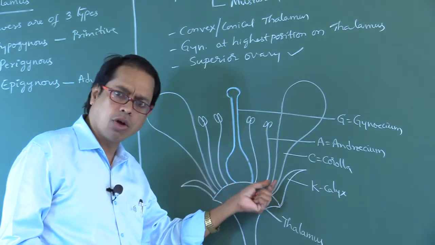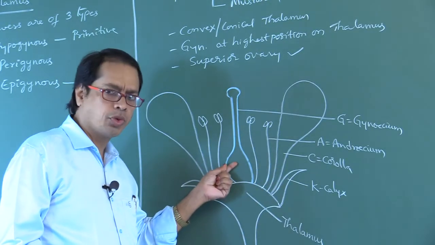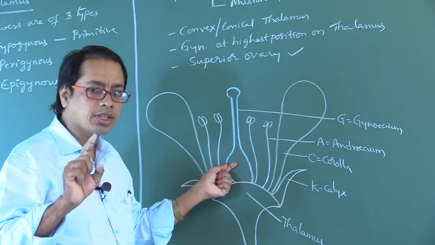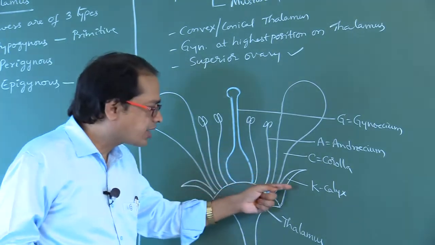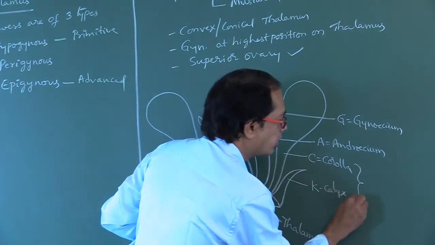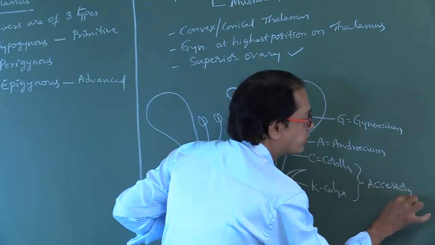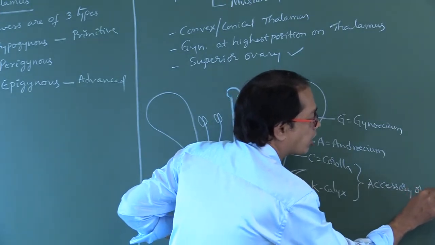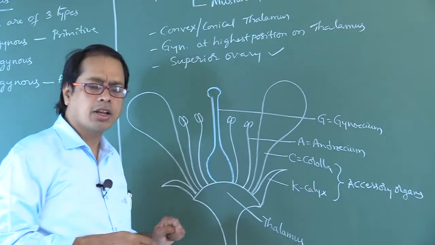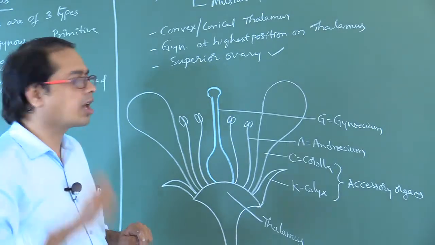Axillary organs are downward, ovary is at highest position, no? So ovary is superior. Calyx and corolla, these two are called accessory organs or non-essential organs.